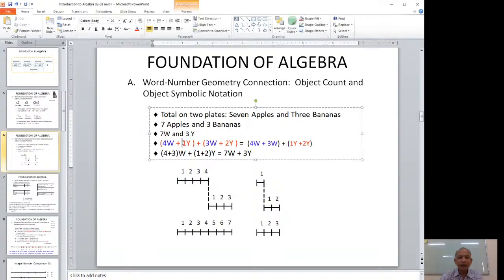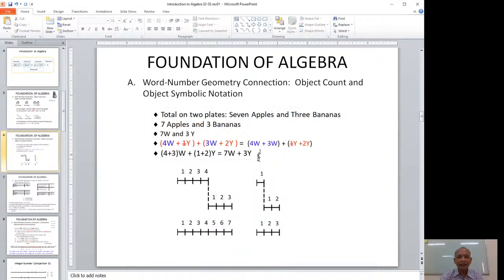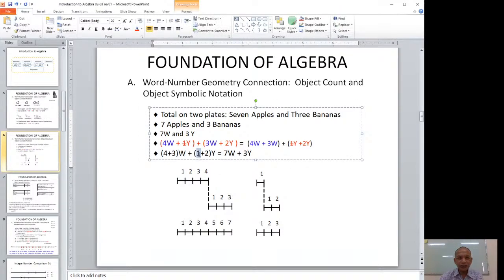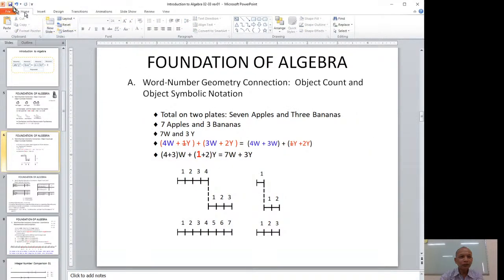But remember, we don't need to write this one, just write y. But when we do the operation, the calculation, we have to write 1 here.